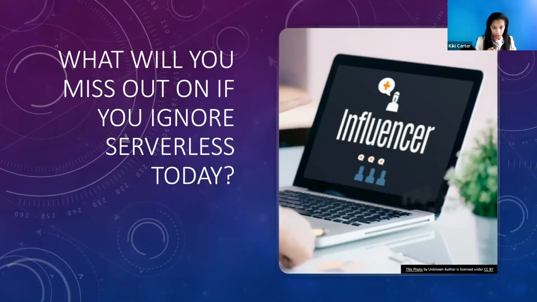It's pay as you go, so you're not going to have any surprises. Typically, when you're in development mode, you have ways to cap it so that you don't have a surprise bill. And being able to try things out and to influence the direction of these products at this moment is going to be such a huge benefit and something that you don't want to miss out on.